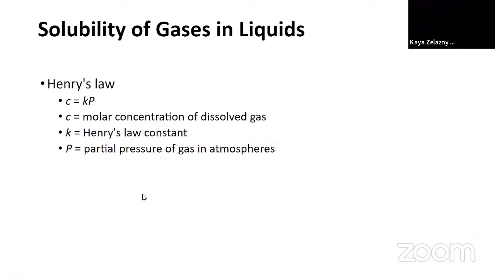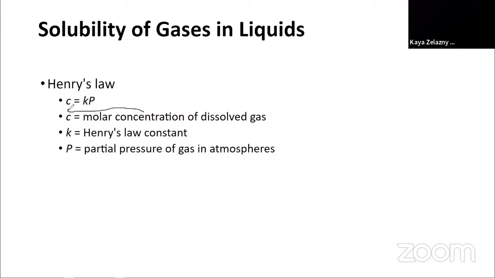So the solubility of a gas in a liquid is subject to something called Henry's law. And all this says is that there's a relationship between the concentration of our dissolved gas, its pressure, so these are those partial pressures we've been talking about, and a constant.